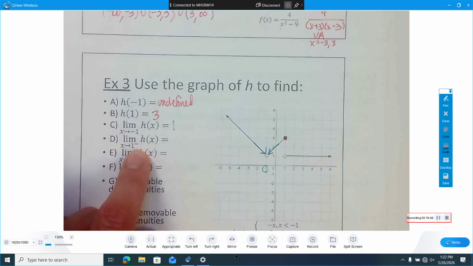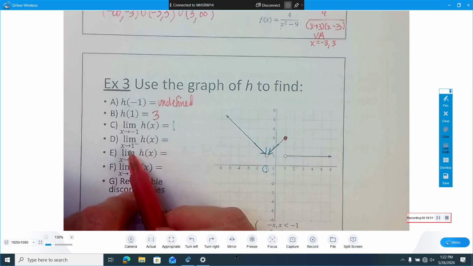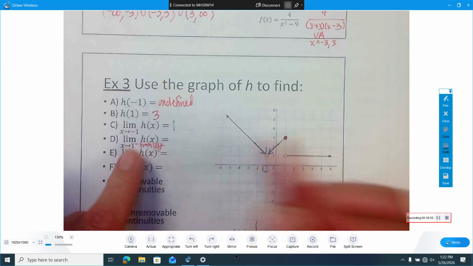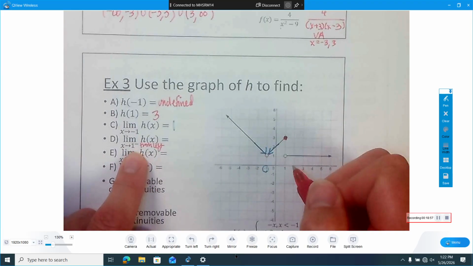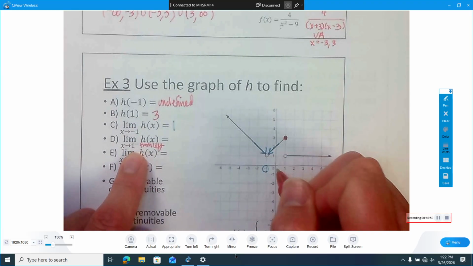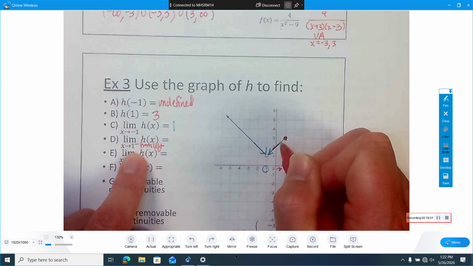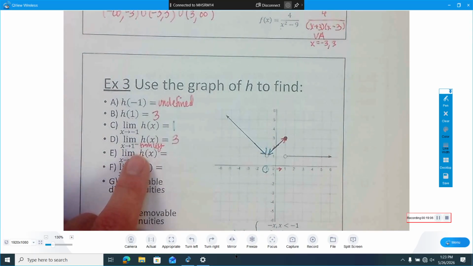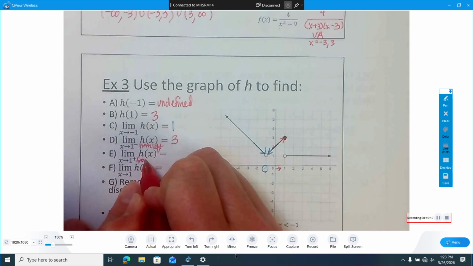This is what is the limit as we approach +1 from the left side. From the left side, so coming in on the left side of 1, we're here, and that would be 3 for the output value there. And the limit as we approach 1 from the right side.